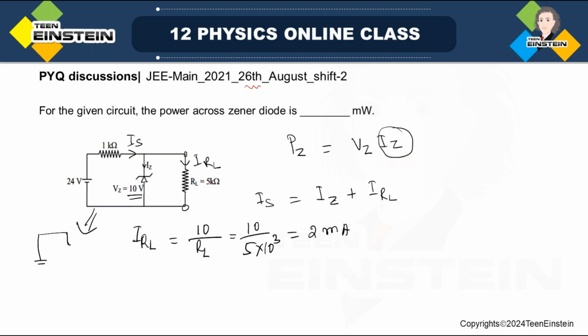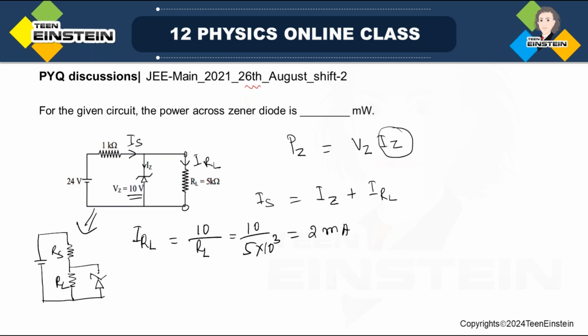This is my RS, this is my RL, this 1 kilo ohm is RS, and the Zener diode is connected here.